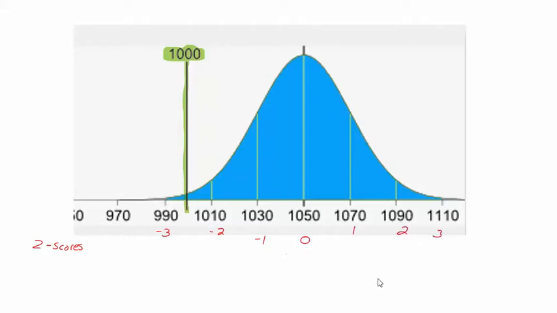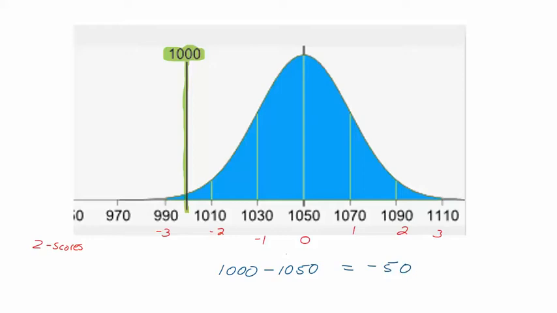So let's get the z-score for 1,000. We could probably guess what it is here because 1,000 is halfway between 1,010 and 990, so it's probably going to be negative 2.5. There is a little formula for z-score, so let's go over that while we're here because they're not always this nice of numbers. We take our score and subtract the average. That gives us negative 50.